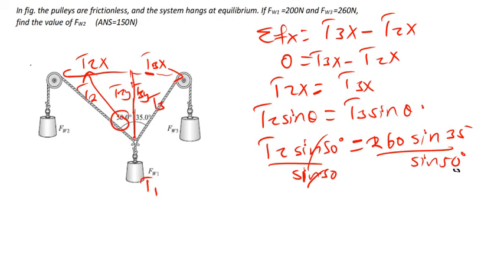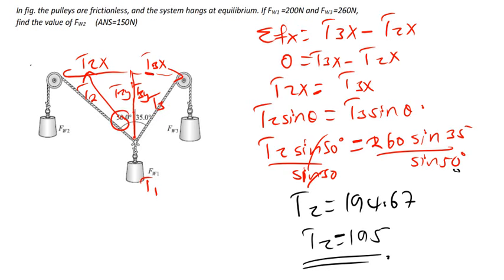These will cancel. My T2 will be equal to 260 sine 35 divided by sine 50. So you get 194.67. If I round it off, it will be 195.